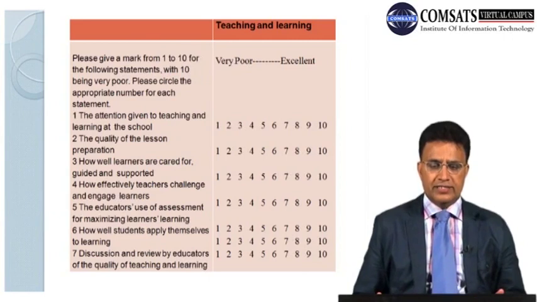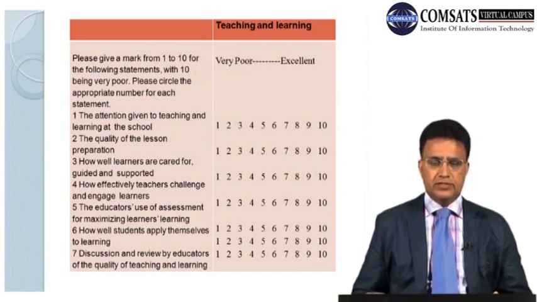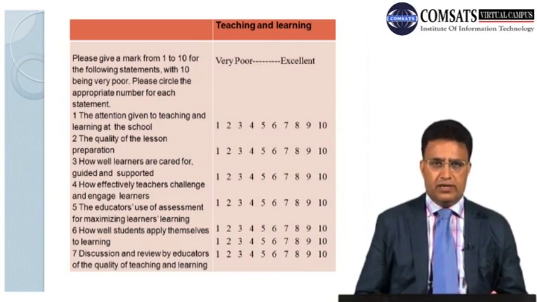And the scale is that you have from the very poor on the one extreme and the excellent on the other extreme. So very poor would be 1 and excellent would be 10, and other points would be divided in between. The respondents would be asked to give any value to these statements from 1 to 10.